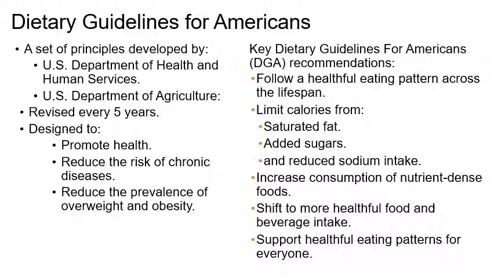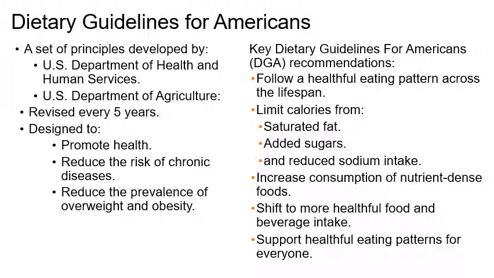Dietary Guidelines for Americans: there's a set of principles developed by the U.S. Department of Health and Human Services and the U.S. Department of Agriculture, which, remember, is revised every 5 years. It's designed to promote health, reduce the risk of chronic diseases, and reduce the prevalence of overweight and obesity.